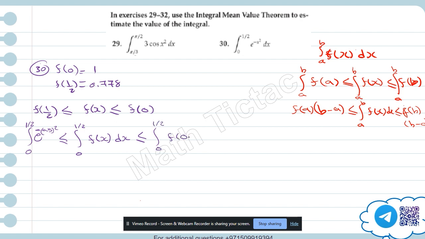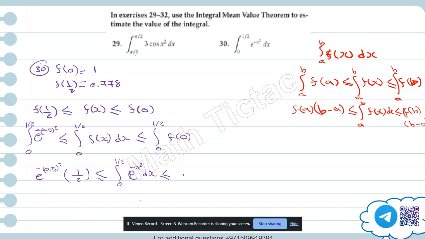So this is e to the power minus 0.5 squared multiplied by 1 over 2 minus 0, which is 1 over 2, then less than or equal to the integration from 0 to 1 over 2 of e to the power minus x squared dx, less than or equal to f of 0, which is 1, multiplied by 1 over 2 minus 0, which is 1 over 2.